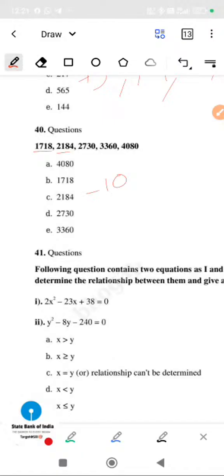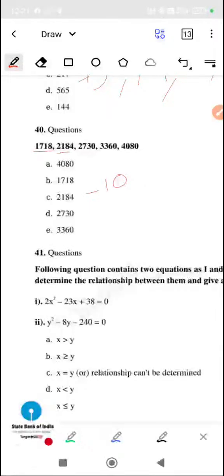Next one, this is 13 cube, which will be, wait a second, 2197. 2197 minus 13 will be 2184.